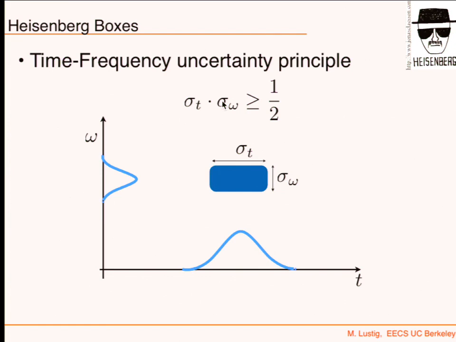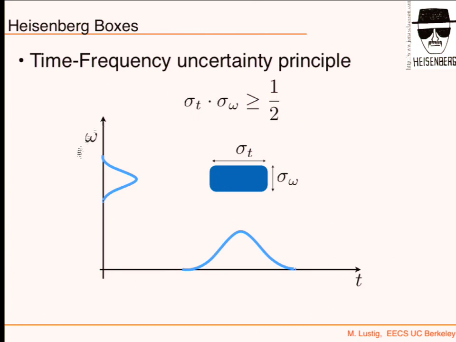And so if I have a Gaussian distribution in time, and I compute its Fourier transform, and it has a certain standard deviation, which is the sigma, it's going to be inversely spread out in frequency. So the sigma in the frequency is going to be 1 over that, with this constant half.